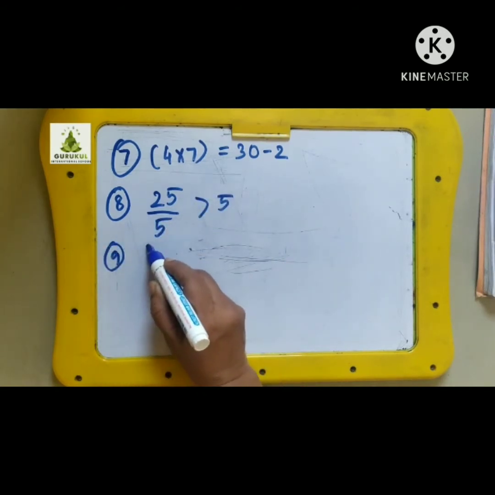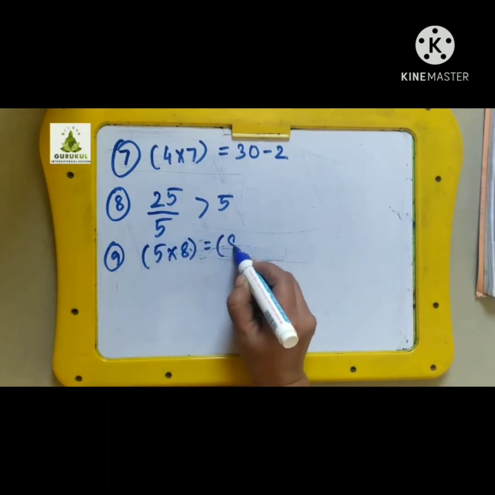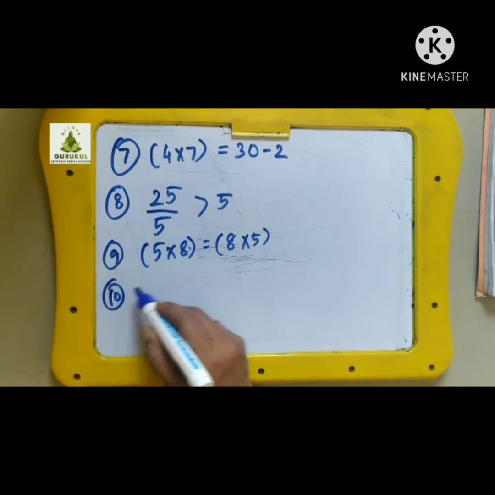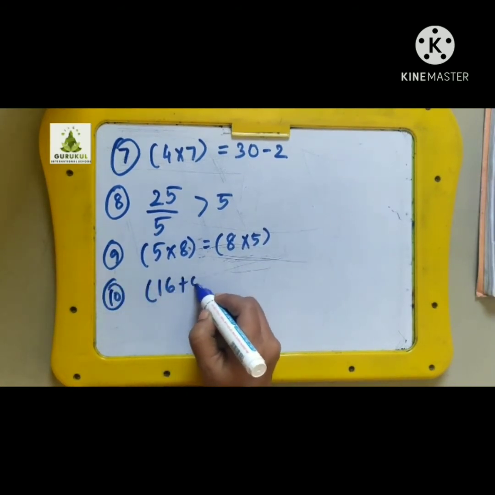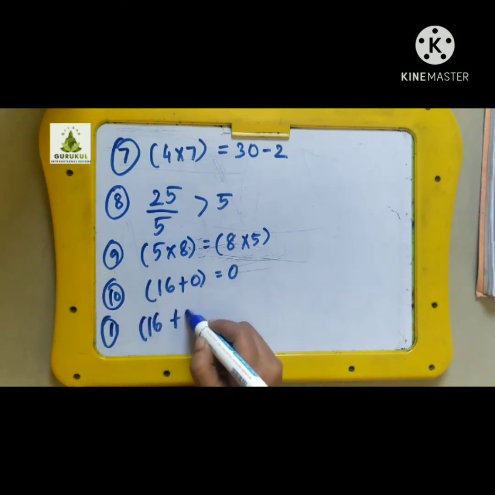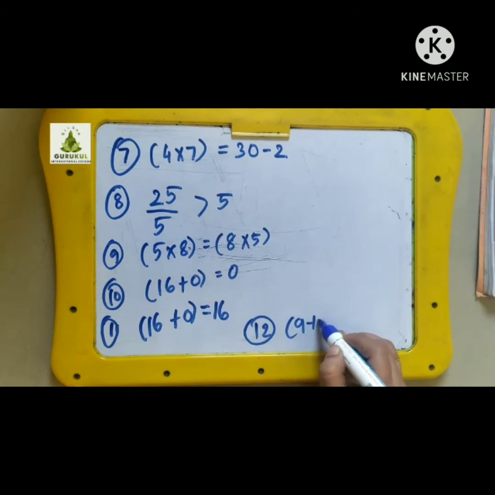Ninth one you have 5 into 8 is equal to 8 into 5. Then the 10th you have 16 plus 0 is equal to 0. The 11th you have 16 plus 0 is equal to 16. And the 12th you have 9 plus 4 is equal to 12.